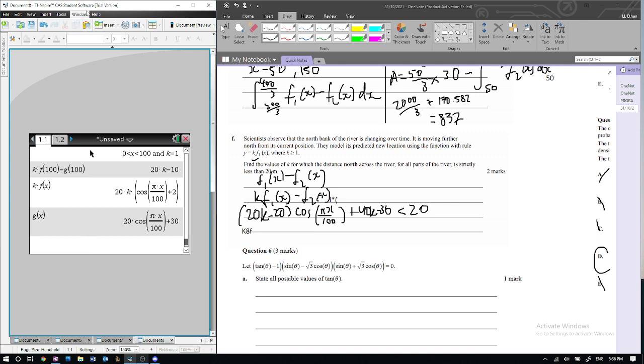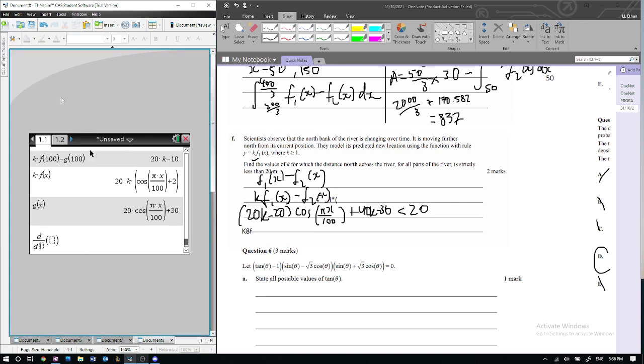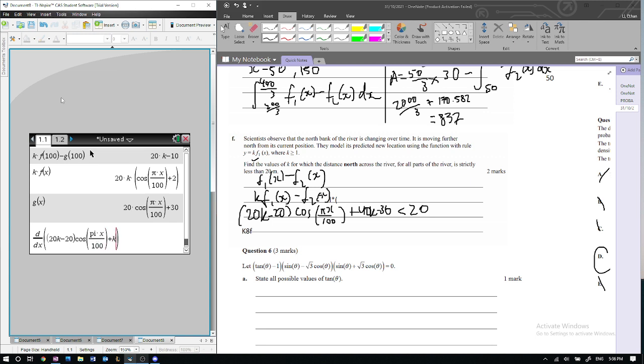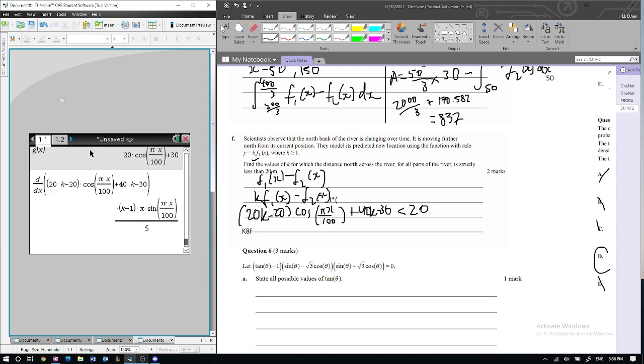So right now I'm just deriving it again. 20k minus 20 times cos pi x over 100 plus 40k minus 30. Okay, and then solve for that equals 0 to find the maximum.